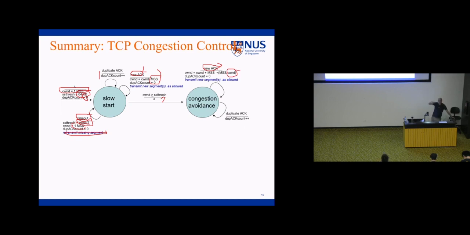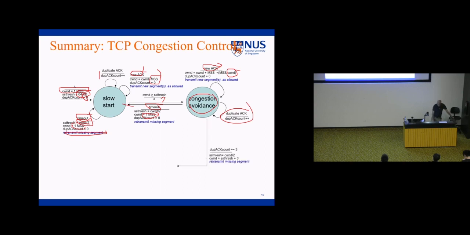So if you get the whole window's worth of acknowledgements, you will increase your congestion window by 1. Basically, that's the idea. And if you get a duplicate acknowledgement, of course, you keep track of that. And of course, while you're in congestion avoidance, if there's a timeout, you will go down to 1 and go back to slow start.